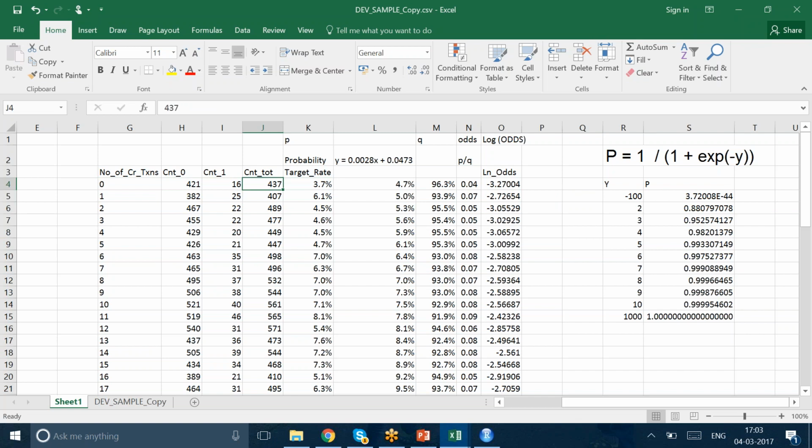The weightage is there of how many observations are there also, because when the linear regression happens, it will give how many observations are there in this probability bucket. So all those things are happening, but the problem with this is for some value of x, my predicted probability can go above 1 also.